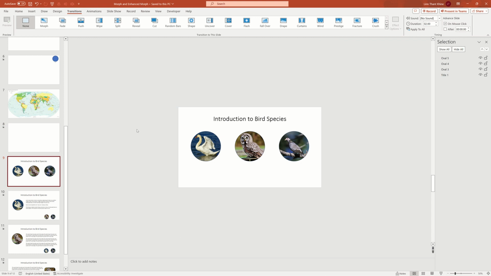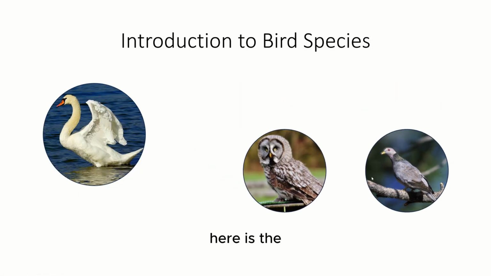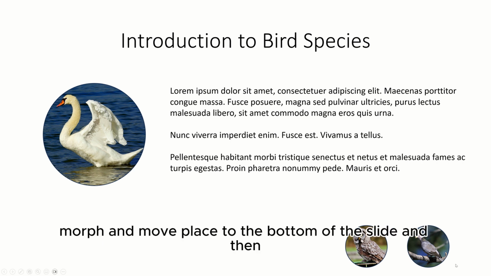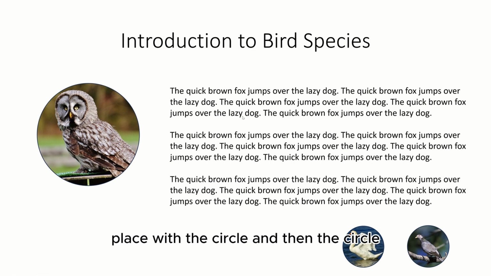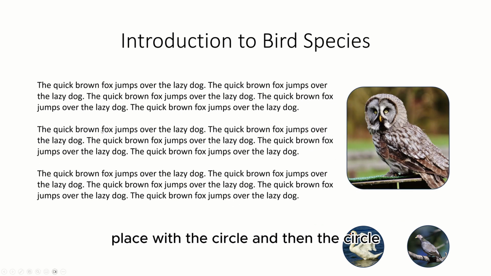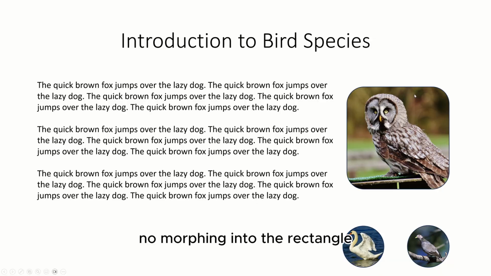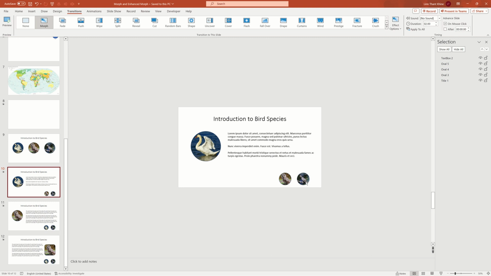For the next example, I apply Morph to these three slides. Here the two circles move to the bottom of the slide, and then the two circles change places. Then a circle disappears and appears as a rectangle in the new place, not morphing into the rectangle.